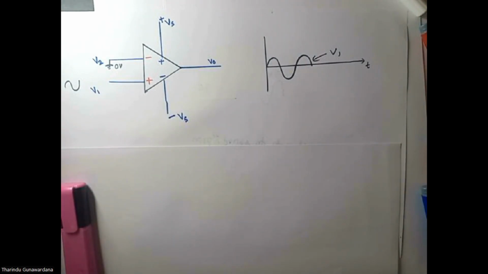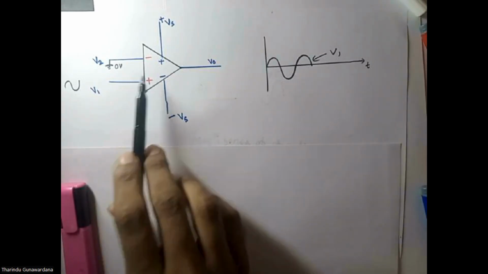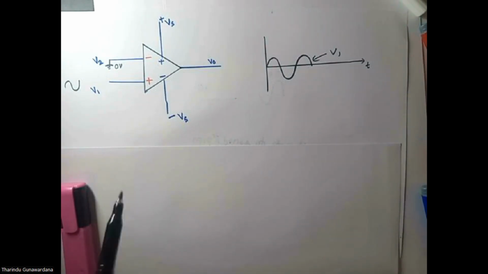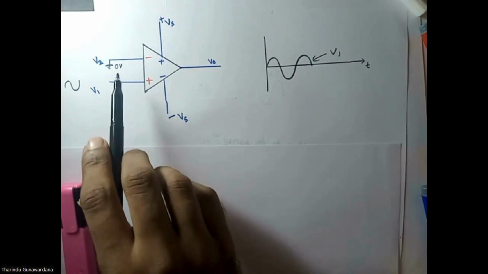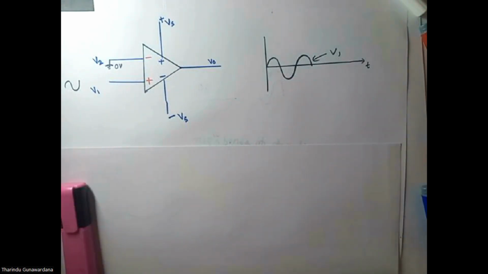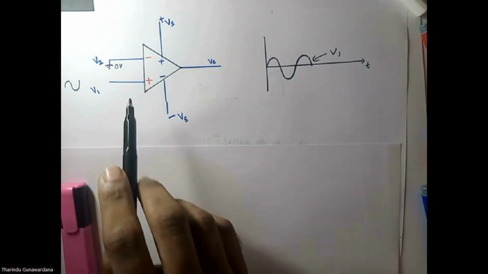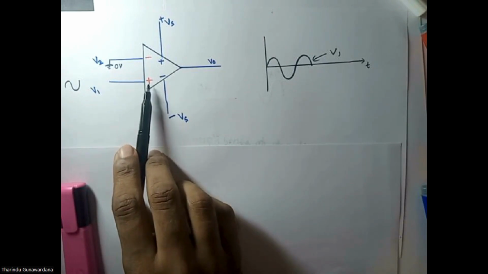So actually what this op-amp is doing is amplifying the V1 minus V2 difference. That is the voltage difference between the non-inverting input and the inverting input.